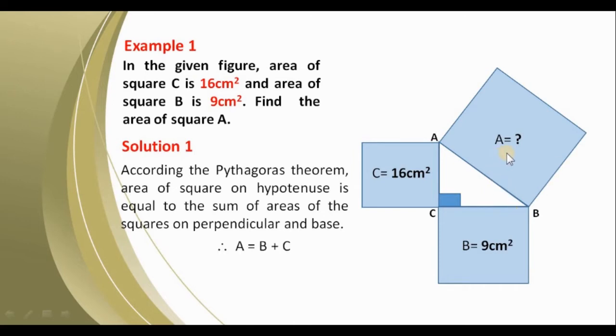Therefore, A is equal to B plus C. As B is 9 square centimeter and C is 16 square centimeter, so A is equal to 9 square centimeter plus 16 square centimeter. Therefore, A is 25 square centimeter.